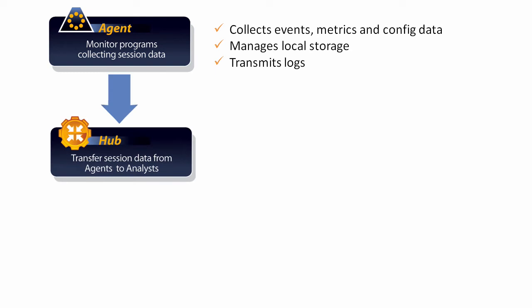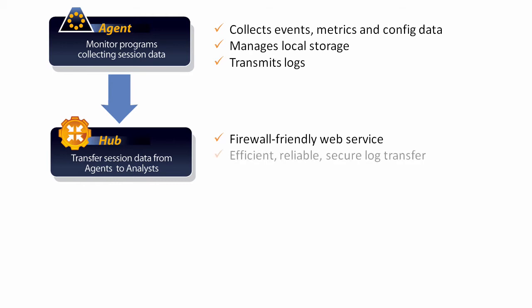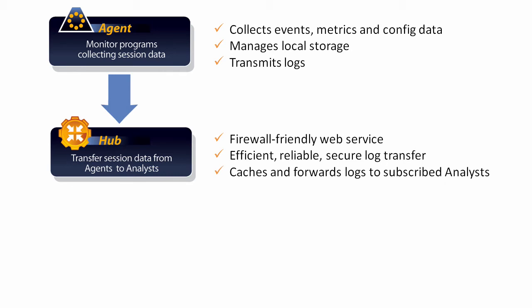Gibraltar Hub is a firewall-friendly web service. It uses a restartable streaming protocol to efficiently, reliably, and securely transfer logs. Logs are cached and forwarded to any number of analysts so that every member of your team can have a complete, consistent view of customer logs.